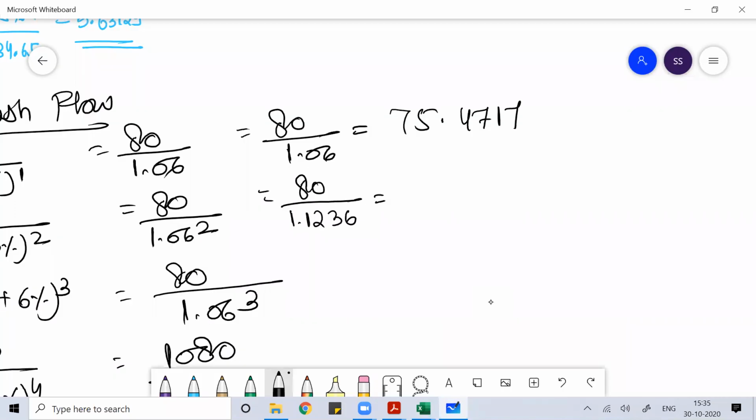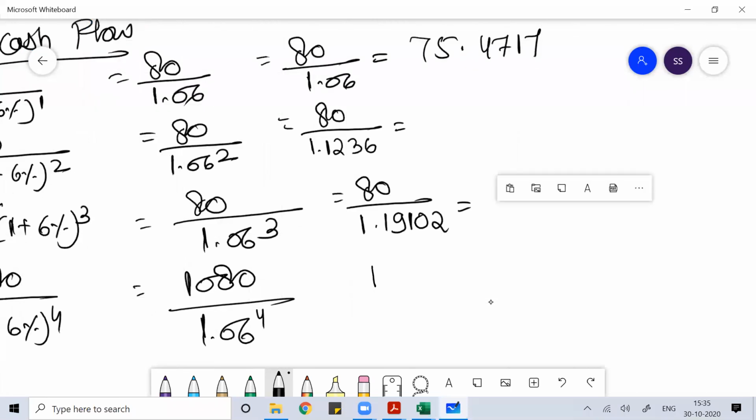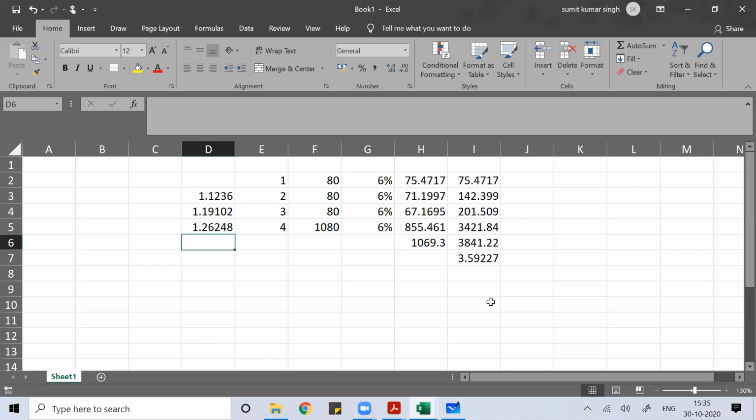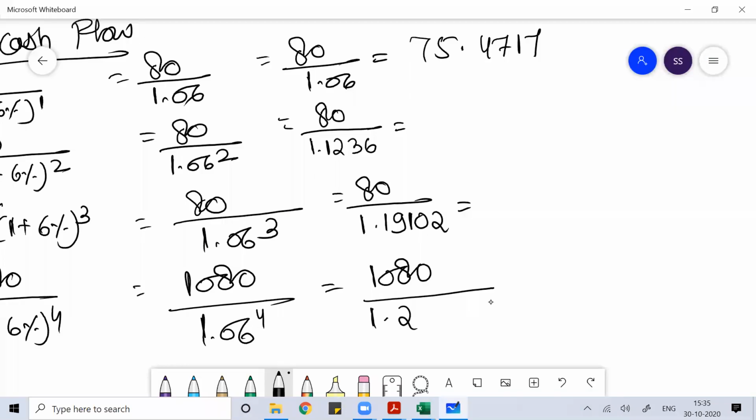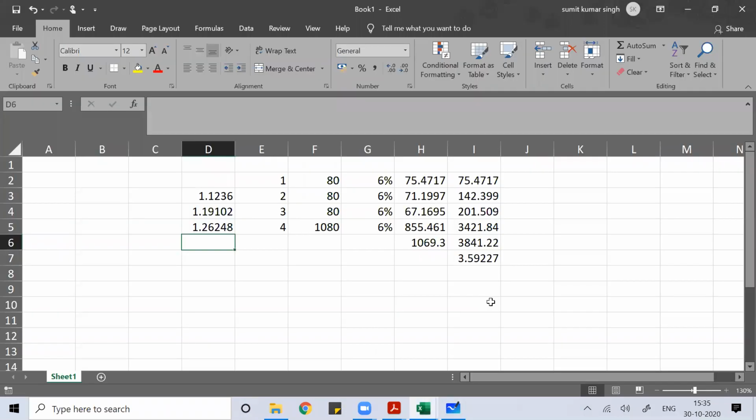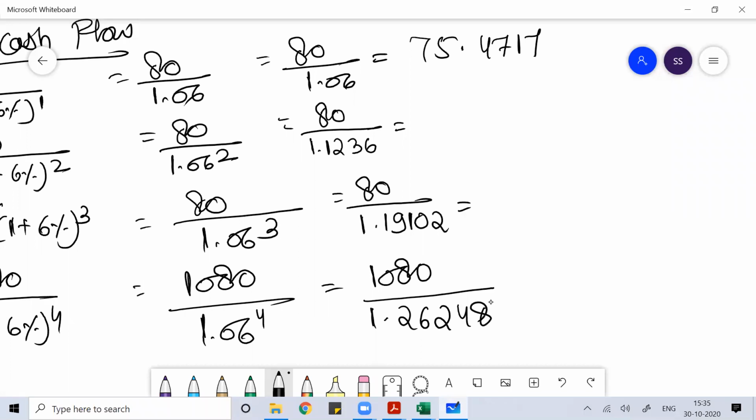Then 80 divided by 1.19102. Then 1080 divided by 1.26248.